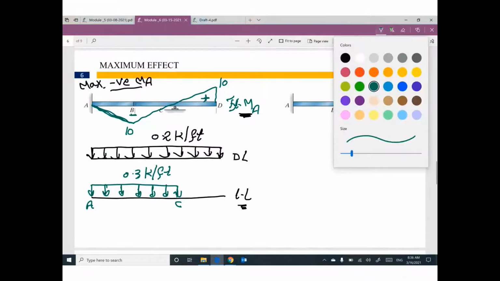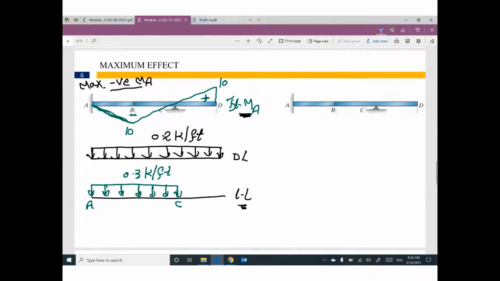Okay, we need the value. What is the value? MA maximum negative value equals the value of dead load times the area of this diagram, because your load covers the whole beam.